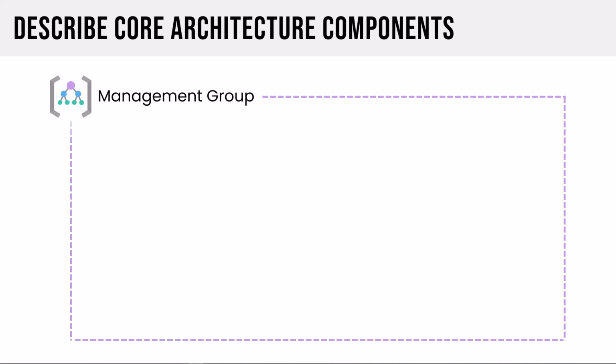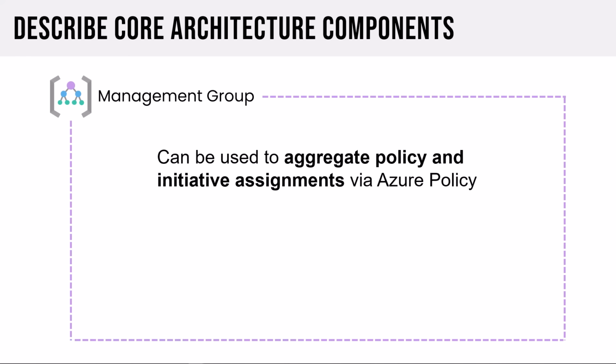Let's take a quick look at that resource hierarchy by function, starting with the management group. The management group can be used to aggregate policy and initiative assignments via Azure Policy. So think policy-based management. That's really automating our desired configurations, enforcing our requirements through policy, really automating that step.